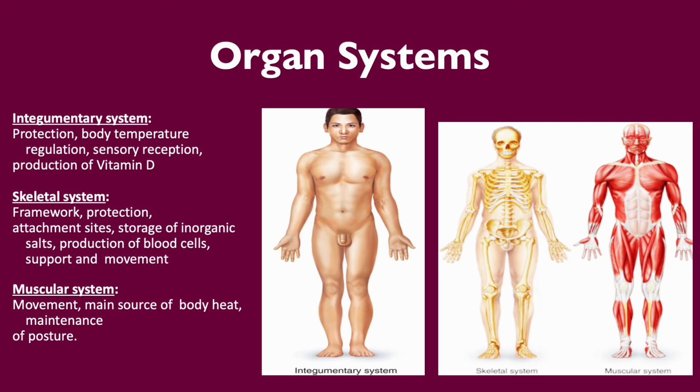So we have the integumentary system, which is the skin. It protects the body. It helps regulate body temperature, sensory reception, and production of vitamin D. Skeletal system. It is the framework. It is the structure. It protects the internal organs.